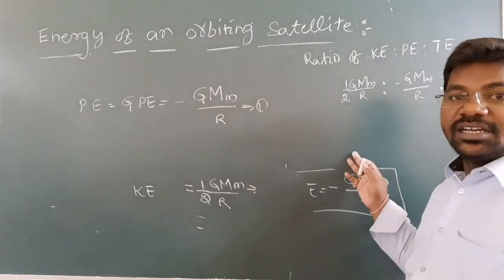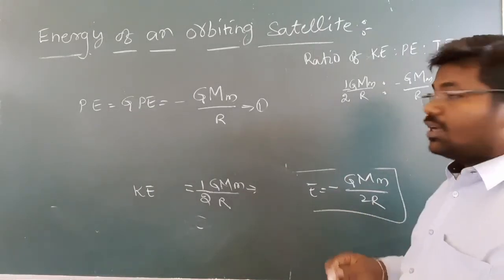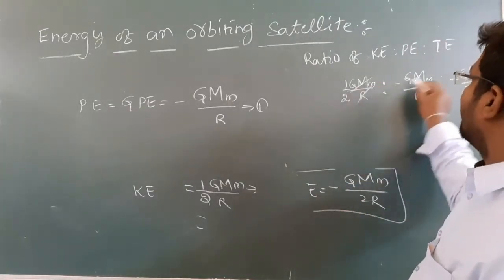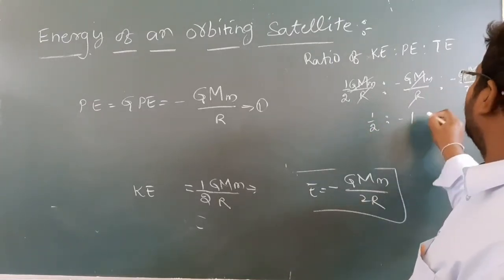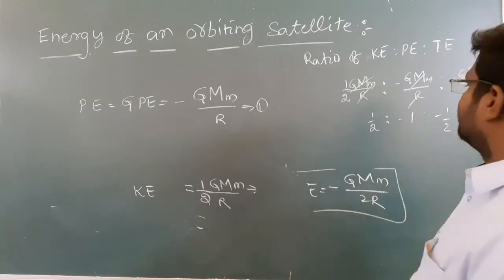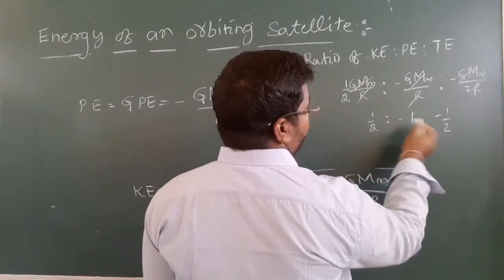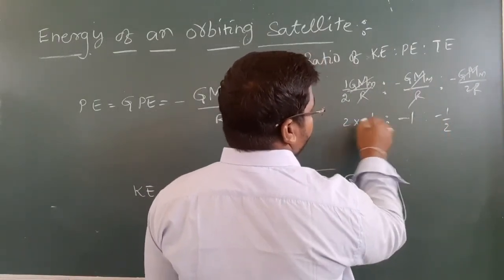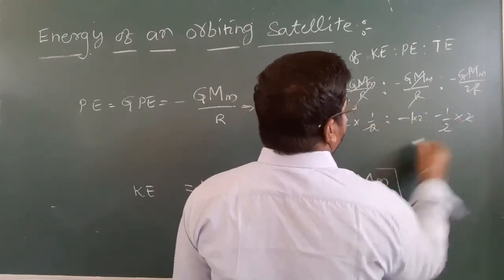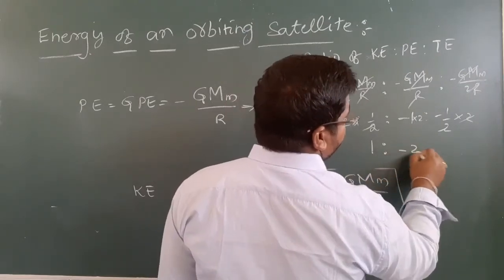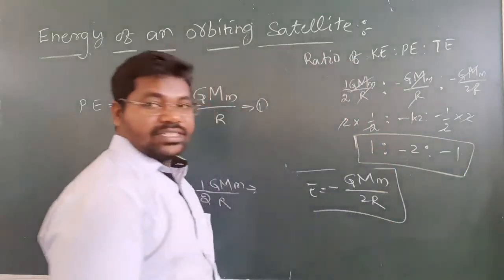Very, very important, my dear children. They asked this ratio in a previous NEET. GMm by R gets cancelled. We get 1 by 2 is to minus 1 is to minus 1 by 2. Multiplying by 2, the 2 gets cancelled. Finally, 1 is to minus 2 is to minus 1. Be careful, my children.